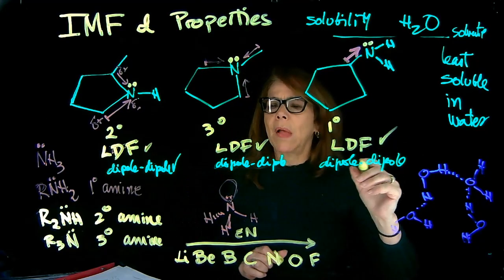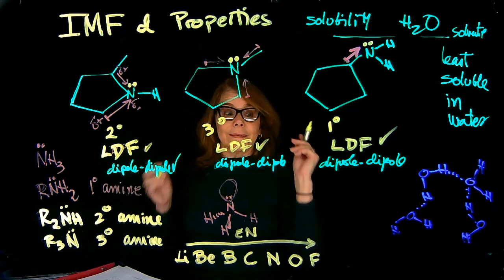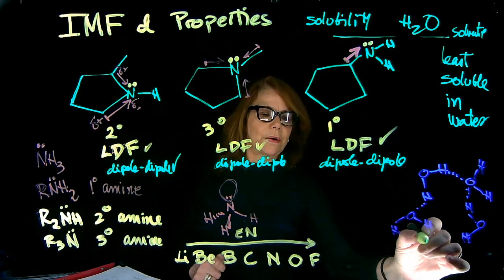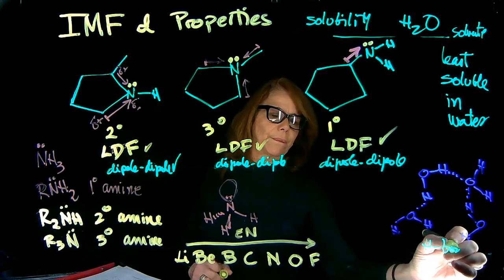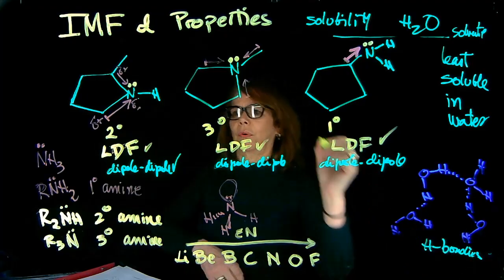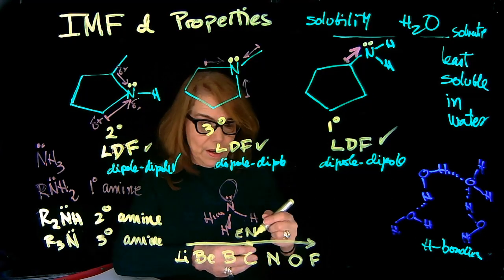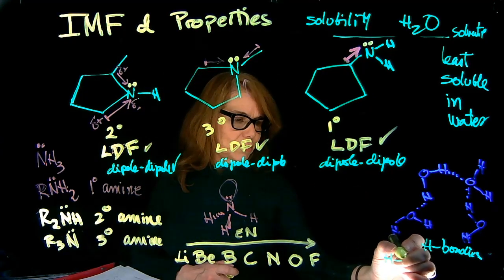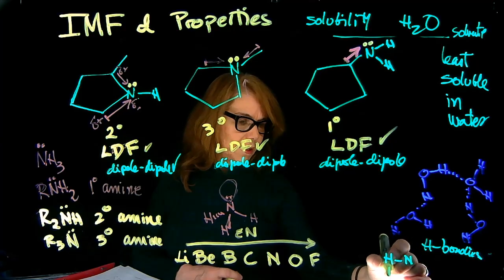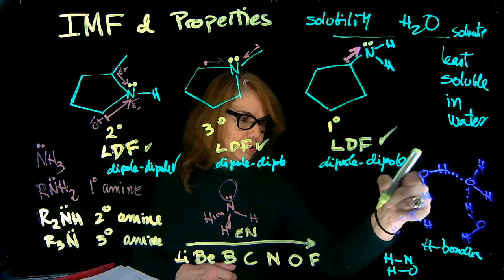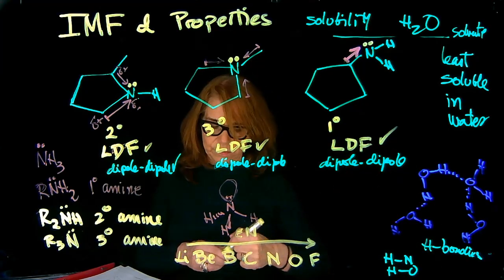Let's analyze the last force, which is hydrogen bonding. Here I do have a hydrogen attached to nitrogen, and either with this or with oxygen, such as in water, we will have hydrogen bonding.